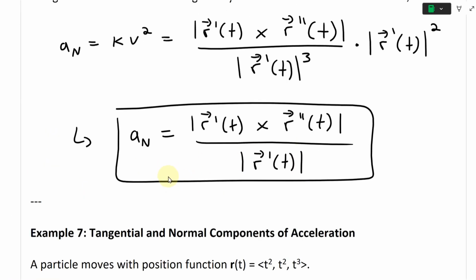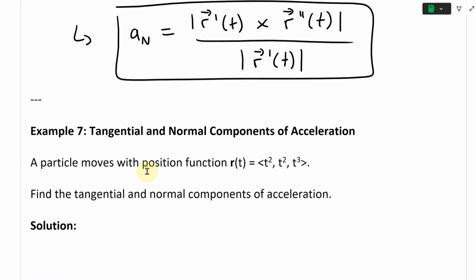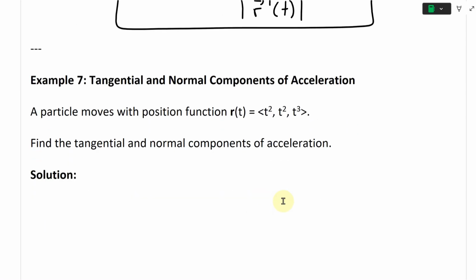Now we can go to the last example of this video, example 7, tangential and normal components of acceleration. So if we have a particle that moves with position function r of t equals t squared, t squared, t cubed. Now we're asked to find the tangential and normal components of acceleration. So let's put this all down there.